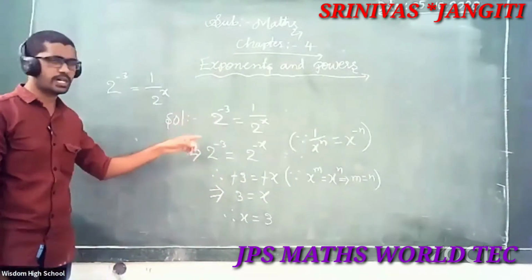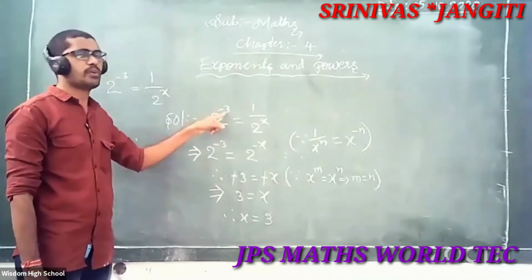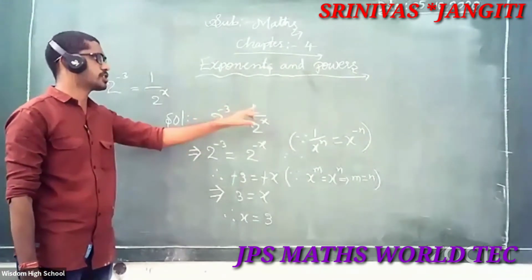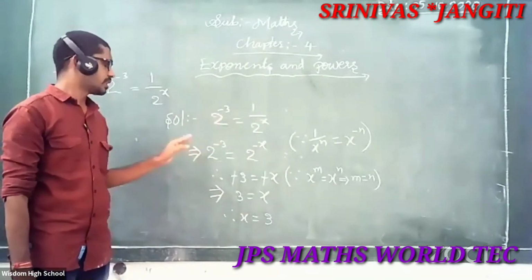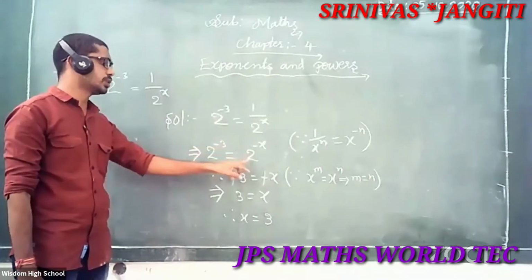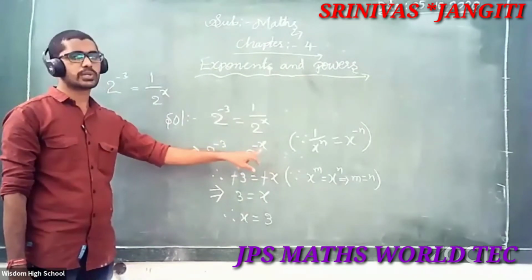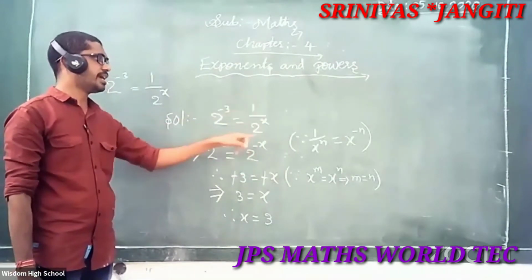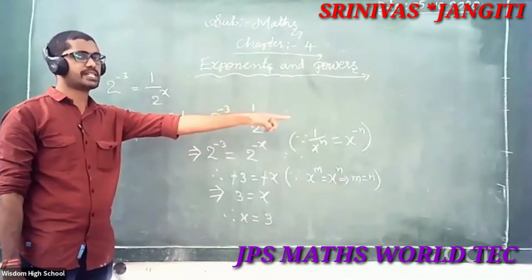Very good students. Note down. So simple. The problem: 2 to the power of minus 3 is equal to 1 by 2 to the power of x. That implies 2 to the power of minus 3 is equal to 2 to the power of minus x. Why? It looks like 1 by x to the power of n, so the result is x to the power of minus n.